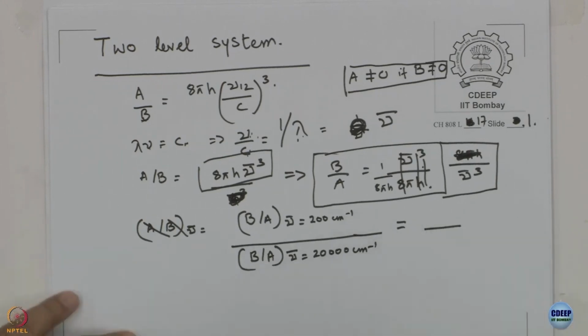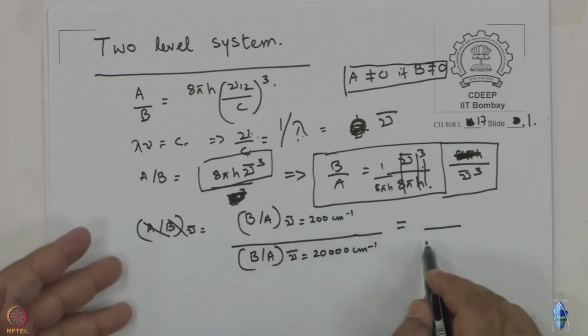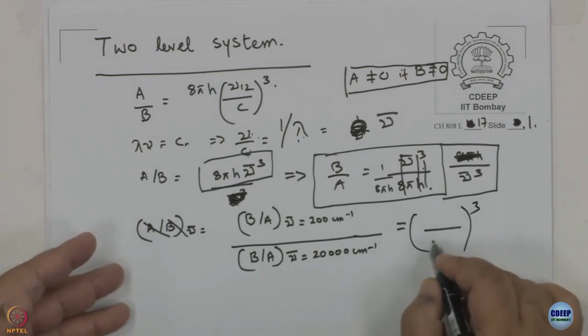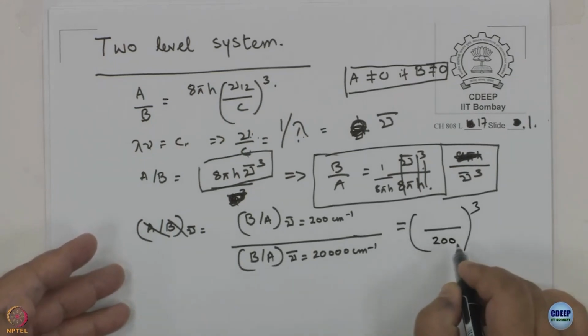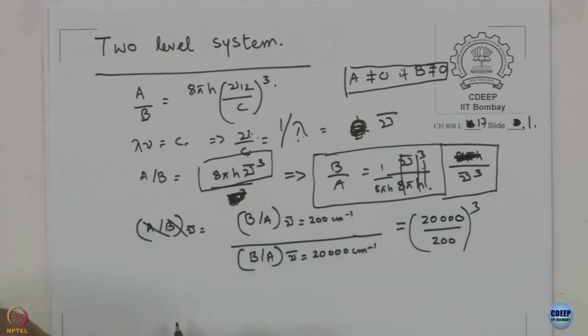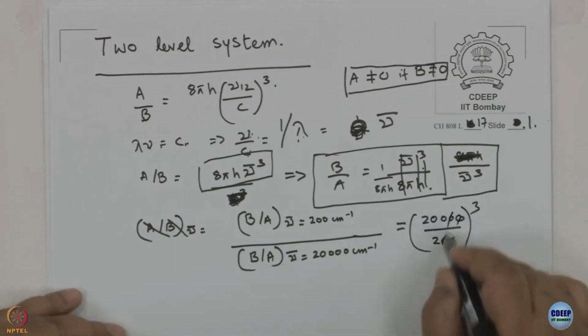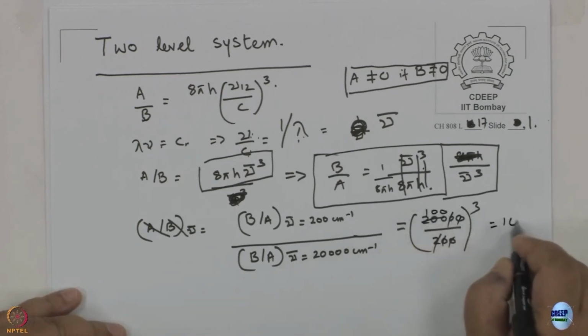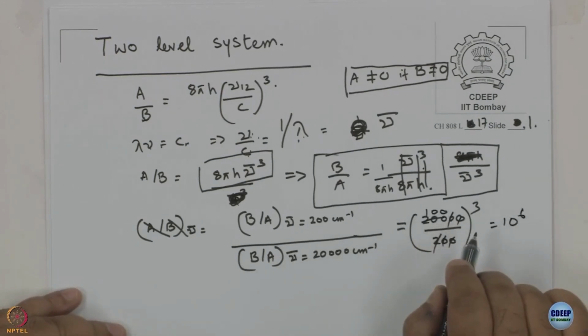Okay. So, now I think the answer is very clear, right. I will put cube and here I write 200, here I write 20,000. What is the answer? 10 to the power 6, right.